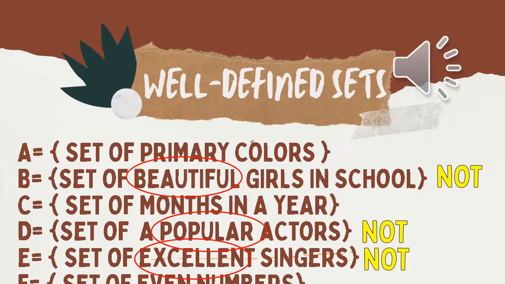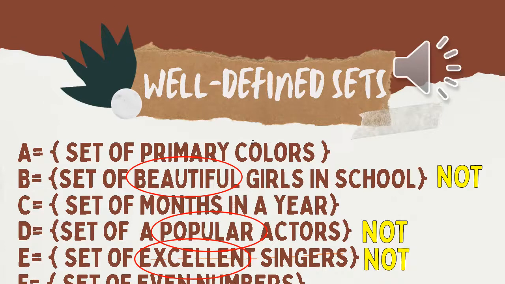Okay, so let us have set A. So, set A is a set of primary colors. Is that a well-defined set? Okay, pag sinabi ba natin set of primary colors, we can already give yung mga colors that are primary? Yes, okay. Pwede nating maibigay agad kung ano yung mga primary colors like yellow, blue, and red.